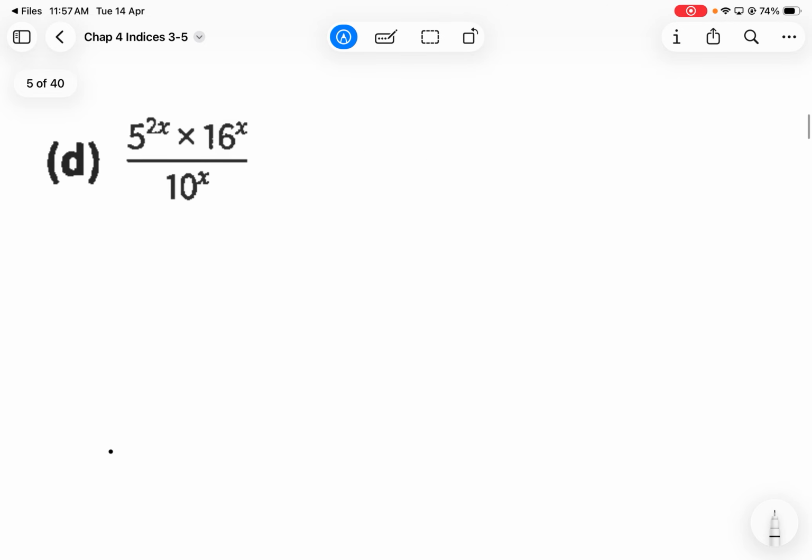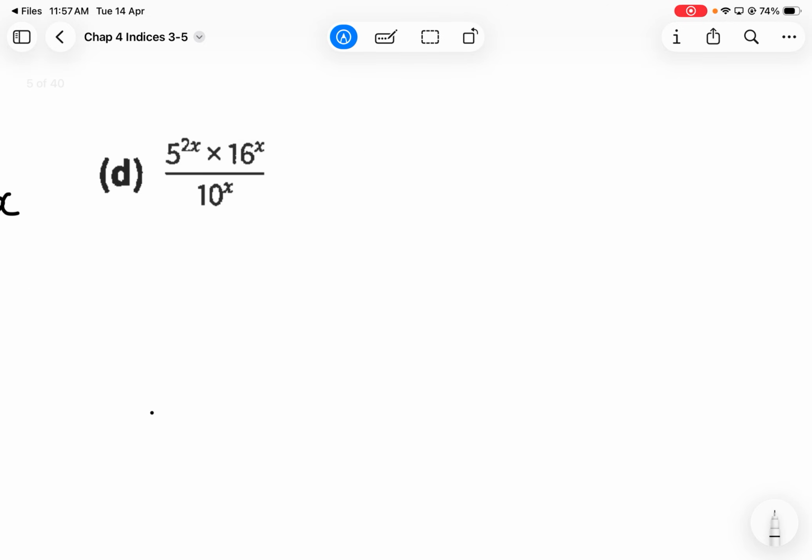Let us take a look at part D also. Same. I have 16, I have 10. It will be difficult to work with all these bases. So same. I go and change them all to prime factor base. So my 16 will become 2 to the power of 4.